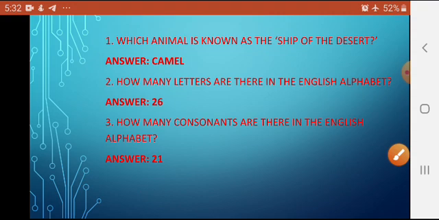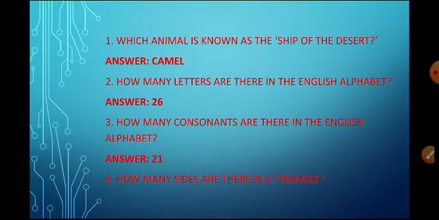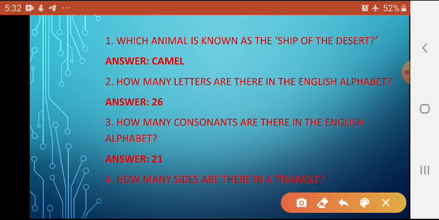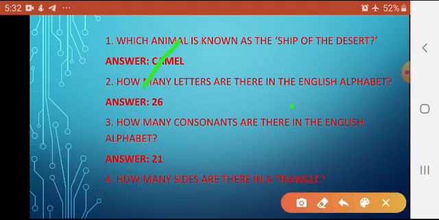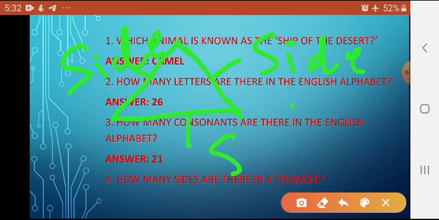Now the next question is, how many sides are there in a triangle? Do you remember a triangle? So this is the triangle. This is the triangle, and these are called sides.